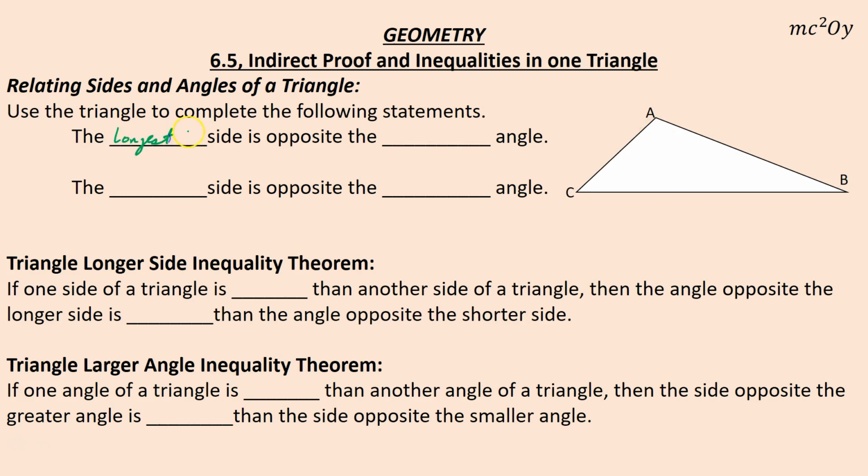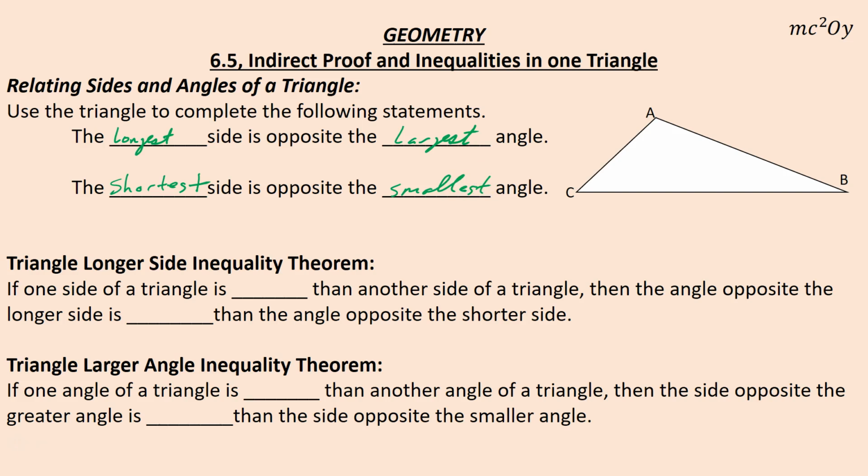Once again, in class, we'd spend a lot more time on that, but the longest side is opposite the largest angle, which also means the shortest side is opposite the smallest angle. And that leads us to the triangle longer side inequality.